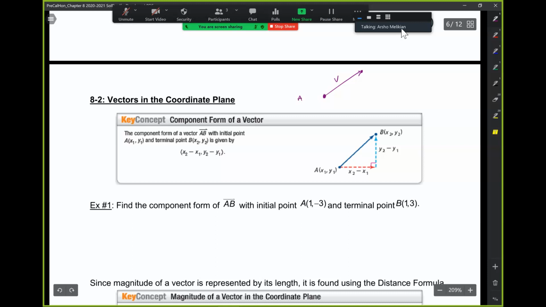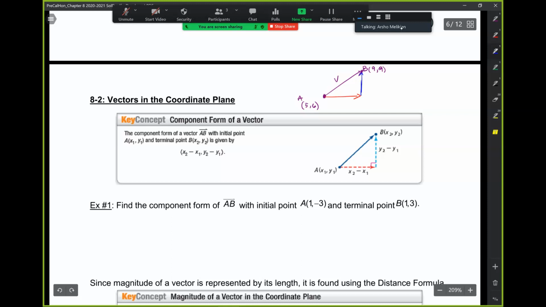So suppose this initial point is at (5, 6), and this terminal point is at (9, 9). And now suppose I draw the x component and I draw the y component.